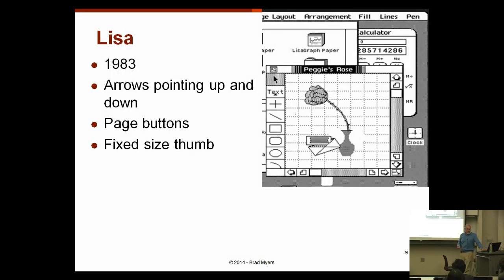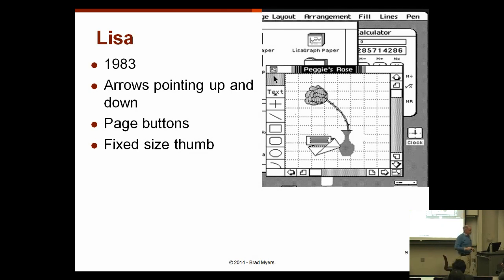So the Lisa had a slightly different design. They still have the page buttons like the Star did, and the arrows. In this case, they switched directions. Now they're pointing up and down instead of down and up. And they still have a fixed size thumb.